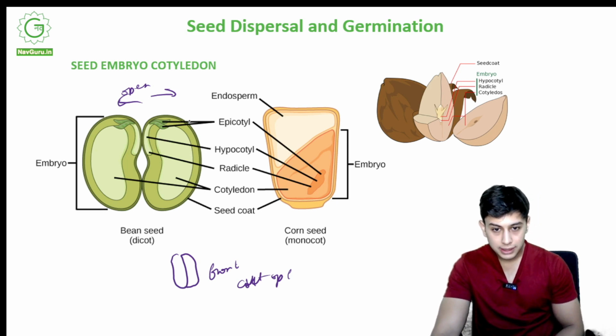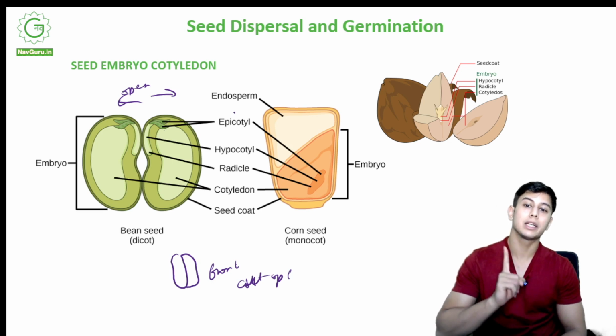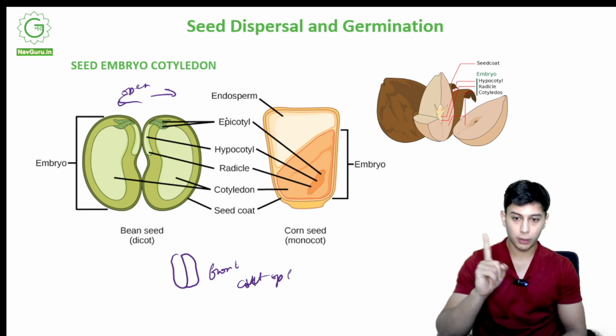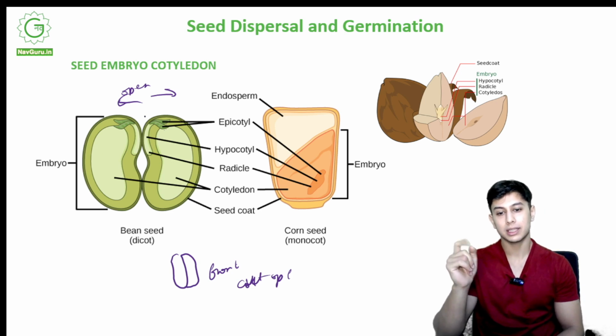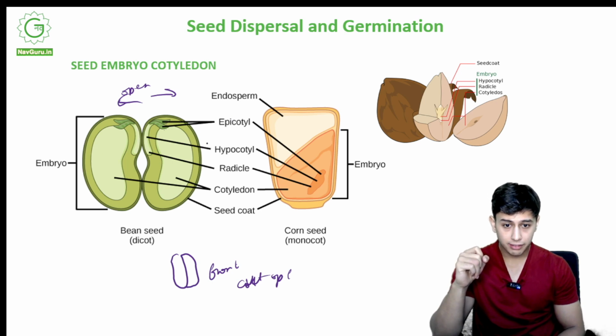So these two are the epicotyl. This is what will grow into a shoot. Epicotyl means it will grow into the front or top part of the plant, the stem. This will grow into a stem, right? I have the hypocotyl that is shown at both.